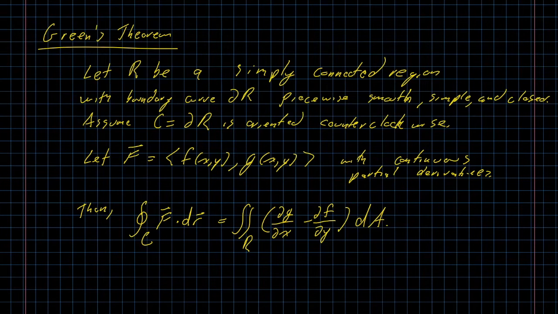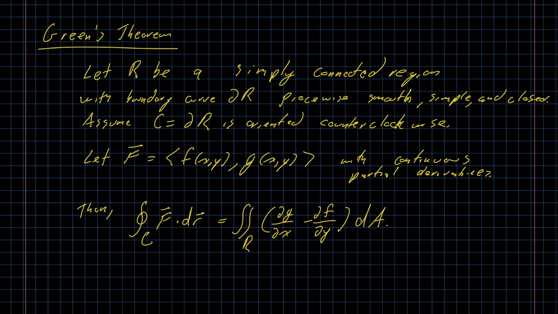But if we have all of those things, then we can change the line integral, f dot dr, into an area integral, taking the partial derivative of the y component with respect to x, the partial derivative of the x component with respect to y, subtracting them, and integrating with respect to the area. And I claim that we're going to get the same thing.